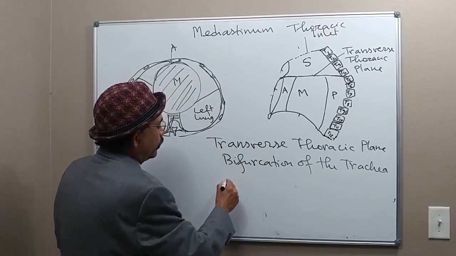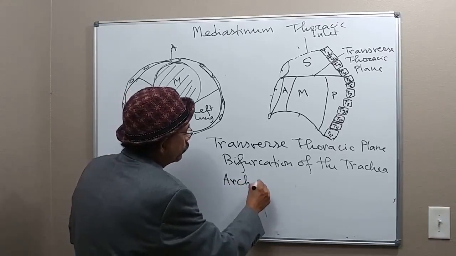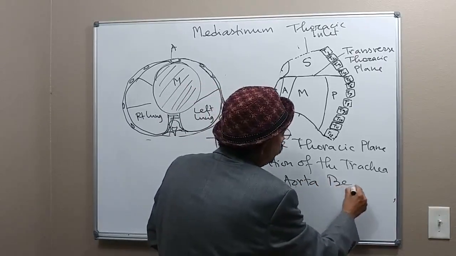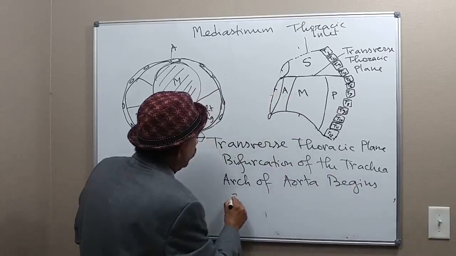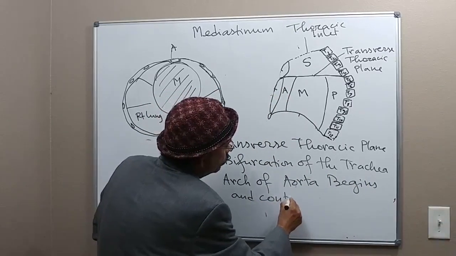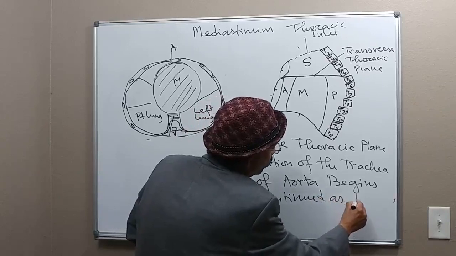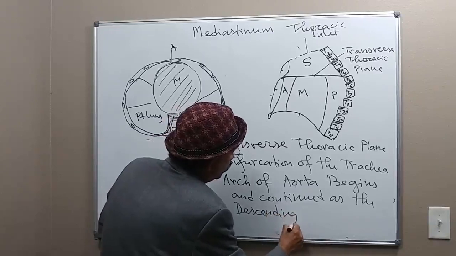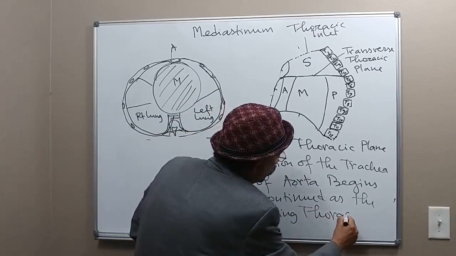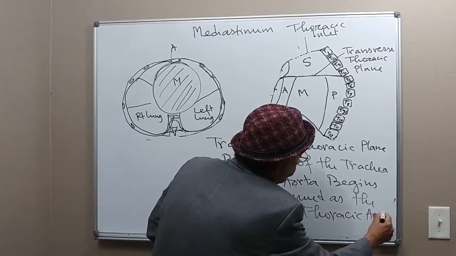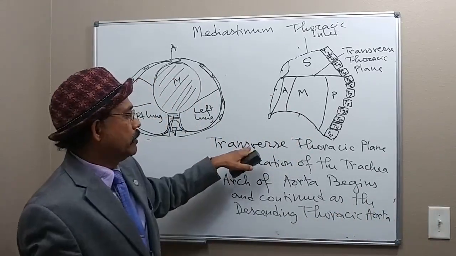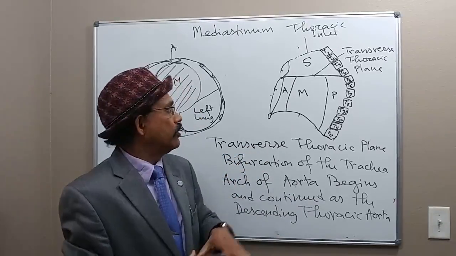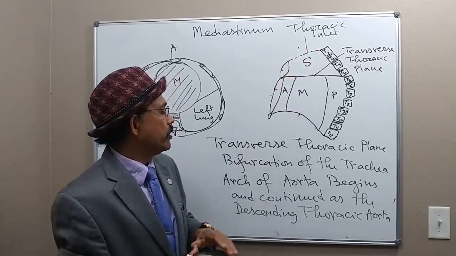The arch of aorta begins and continues as the descending thoracic aorta. We got an important landmark, the transverse thoracic plane, the imaginary demarcation between the superior mediastinum and the inferior mediastinum.